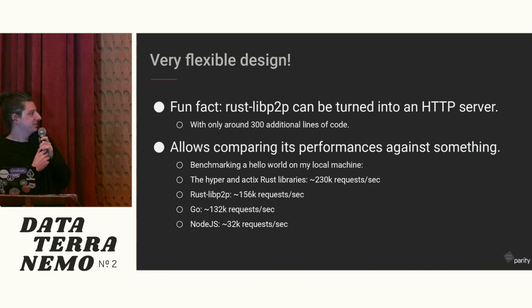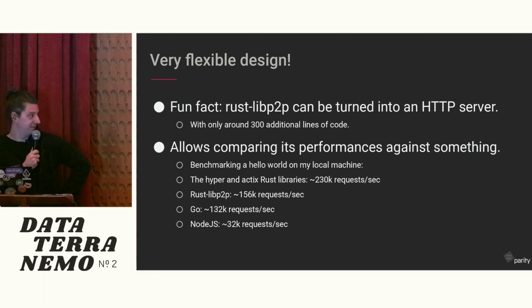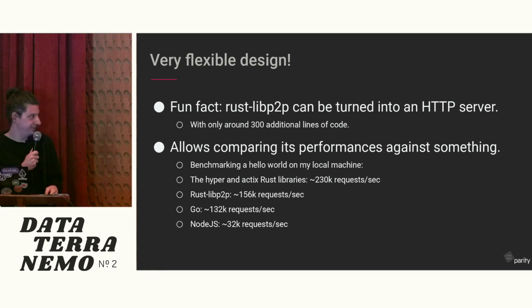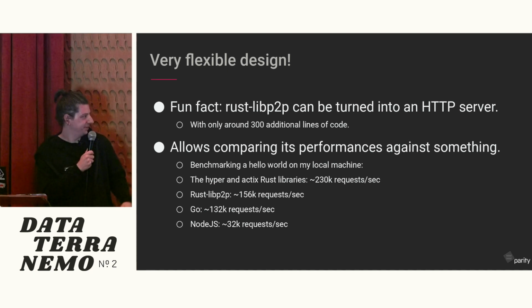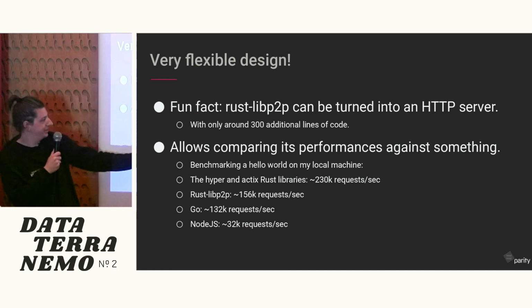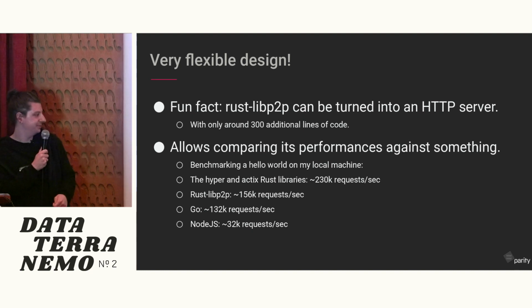But it allowed us to compare Rust libp2p with other implementations of HTTP, because otherwise we wouldn't know what to compare it to. I didn't draw a graph, but the best Rust libraries that exist reach 230K HTTP requests per second.